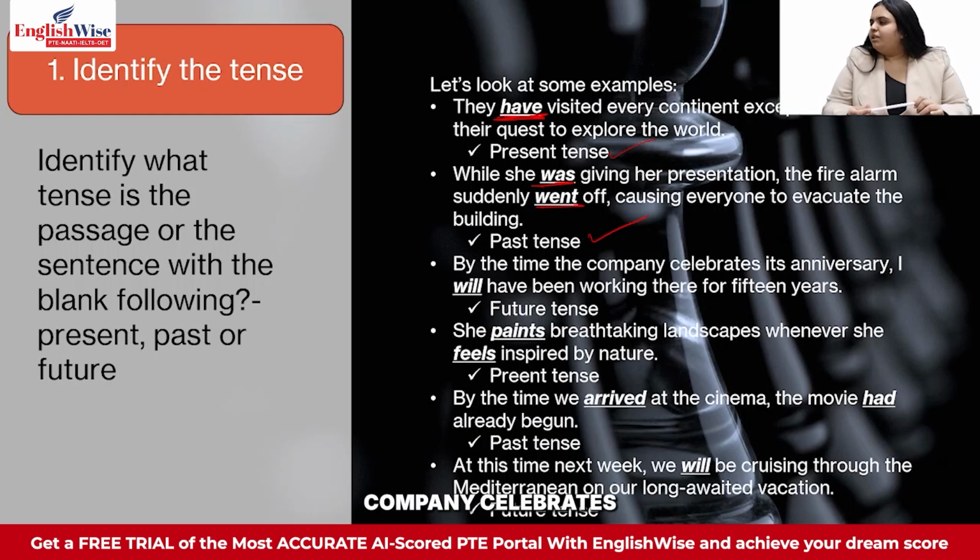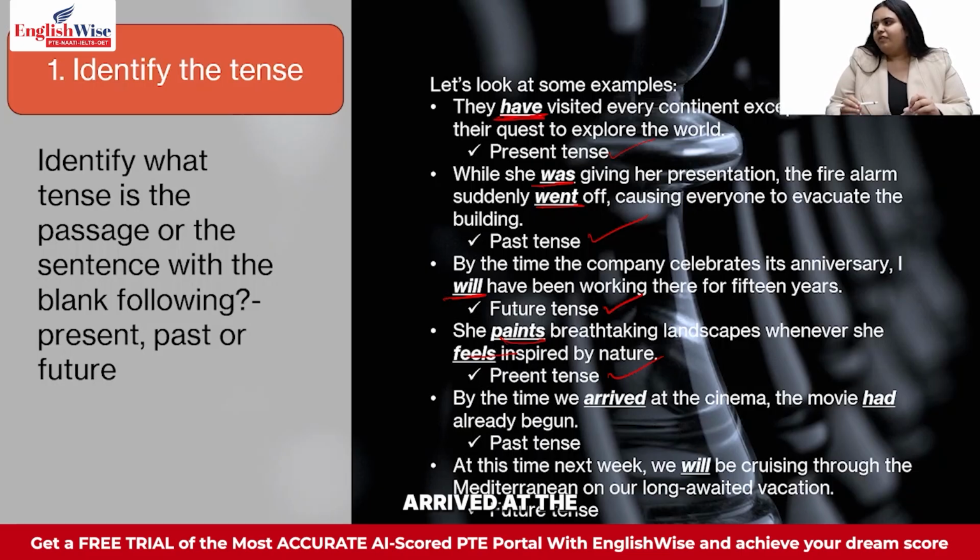By the time the company celebrates its anniversary, I will have been working there for 15 years. Again over here, the word will gives you an understanding that we are in the future tense. She paints breathtaking landscapes whenever she feels inspired by nature. Now you see, this is simple present tense. She paints something, or she feels inspired by nature. These are simple present tenses, so it gives an understanding that we are in the present tense.